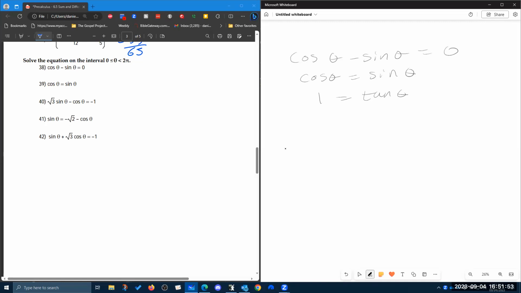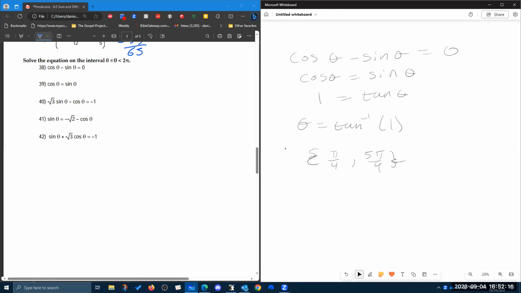So I want theta is equal to arctangent of 1, and I want my answers on the first revolution. So that's going to be pi over 4 and 5 pi over 4.